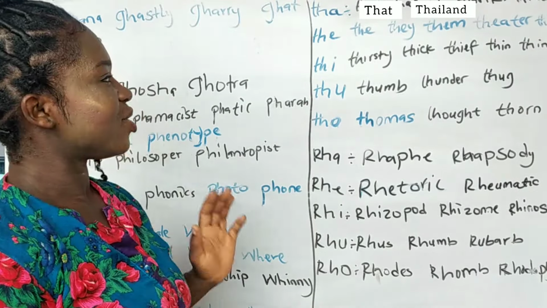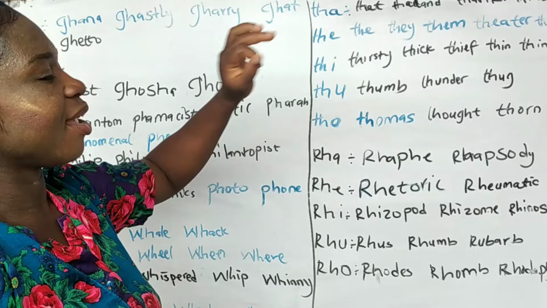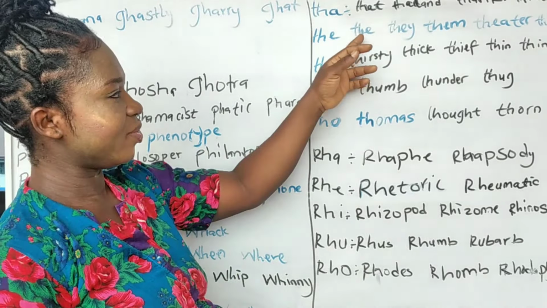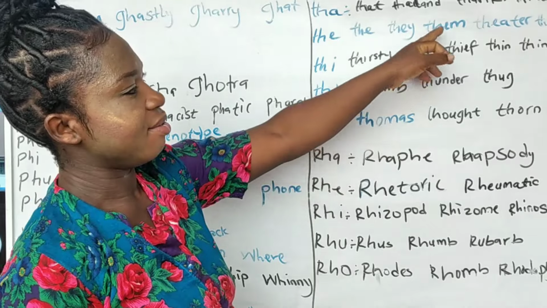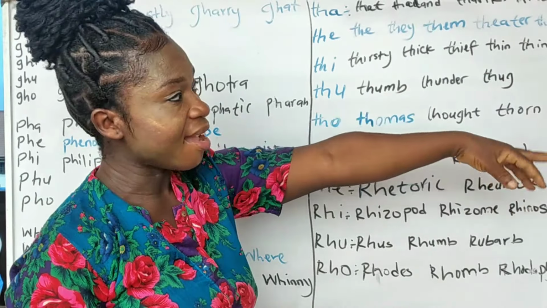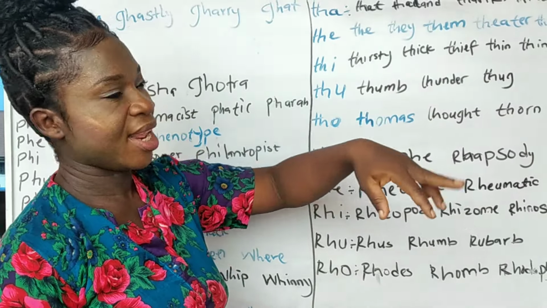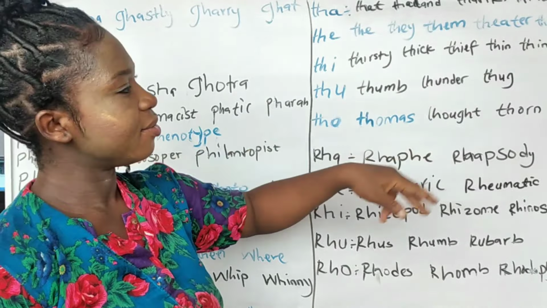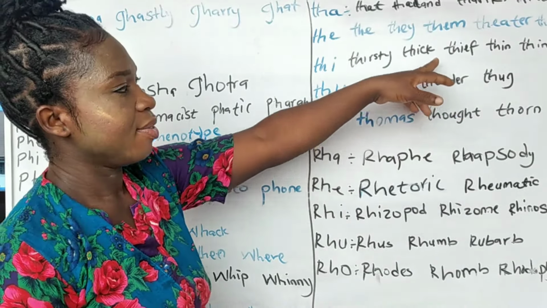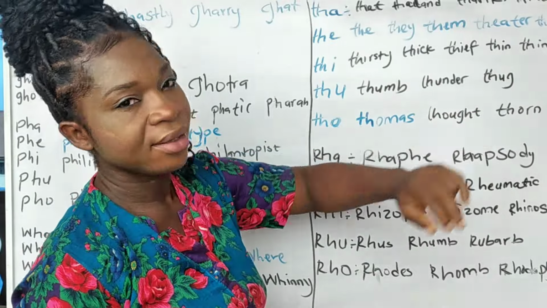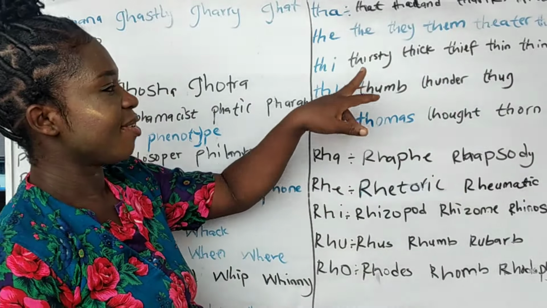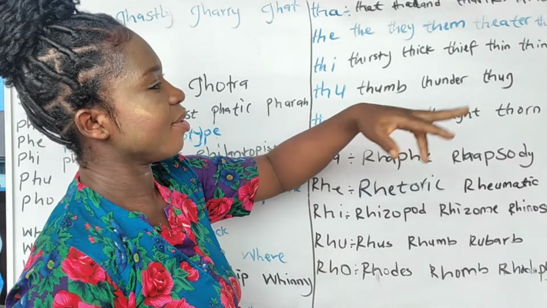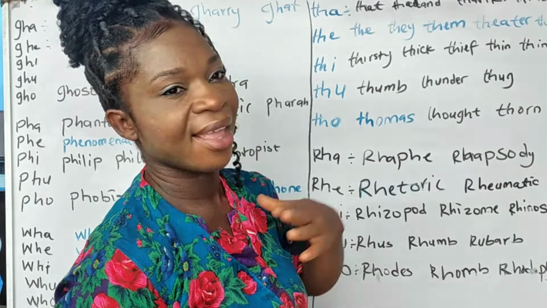All right, so we have D. This is word on its own already, D. Okay, we have D, they, them, theater, theory. Tasty, thick, thief, thin, think.